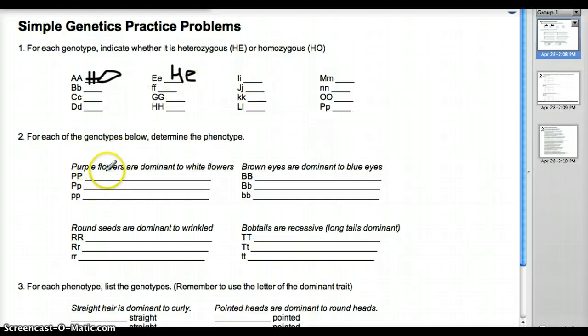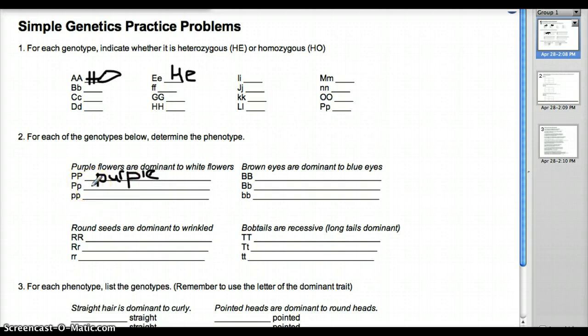Now, for problem 2, you're looking at the genotypes and trying to figure out what the phenotypes are. A phenotype, remember, is the actual expression of the trait. So you've got purple flowers are dominant to white flowers. If I've got big P, and purple is dominant, then these flowers are purple, okay? All right, big P, little p.